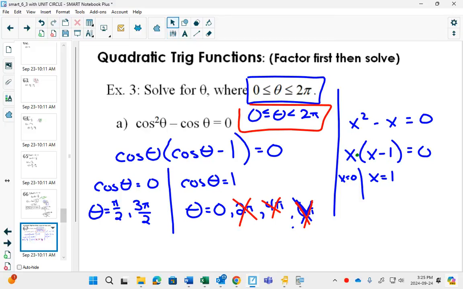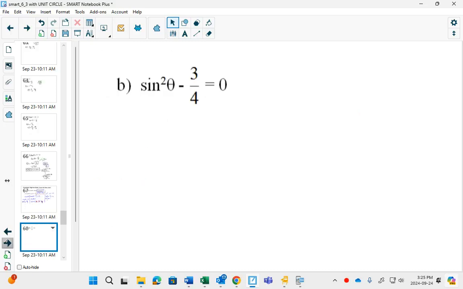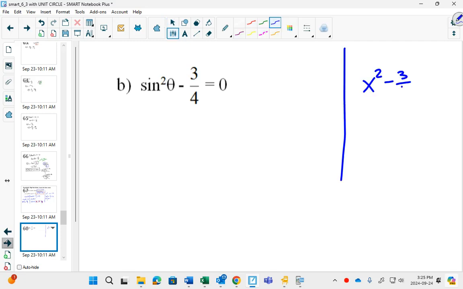Okay, I think we have time for one more. Sine squared theta minus 3/4 equals 0. This would be a non-calculator question on the test. Algebraically, if you're ever unsure how you would do a trig, you could ask yourself, how would I do it if it was just an x?